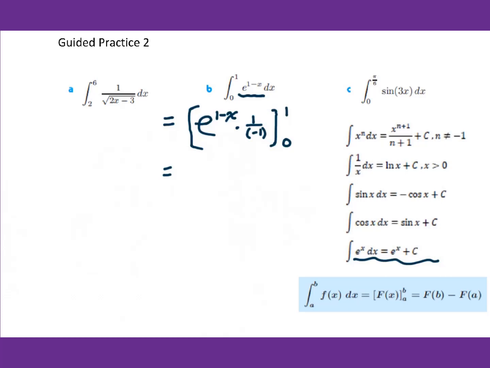Organize. This gives you -1 here. So you will get negative e to the 1 minus x power from 0 to 1. Then this time you need to plug in negative e to the 1 minus 1, minus negative e to the 1 minus 0.